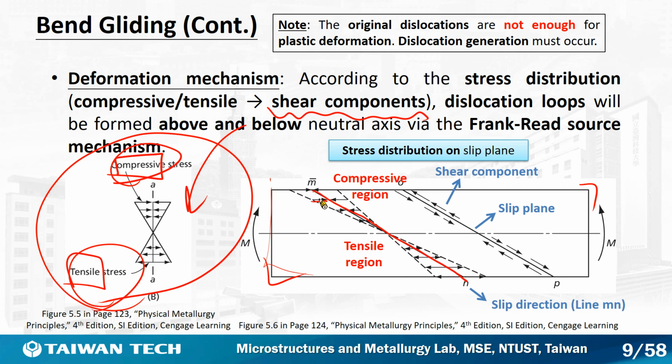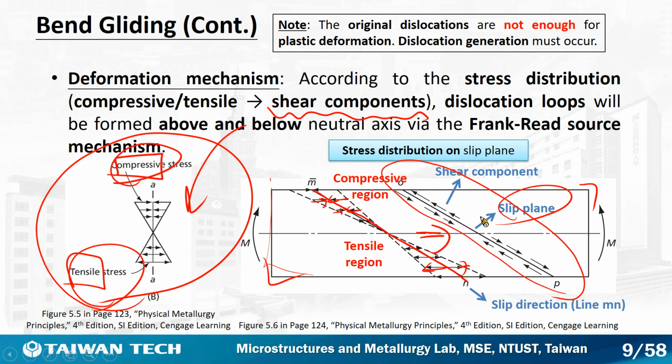And then the compressive stress and tensile stress must be resolved for the shear component. So first, this would be the compressive stress, right? This is the tensile stress. And we must calculate the shear component. So eventually, it will look like this one. So this will be the shear component on the slip plane.